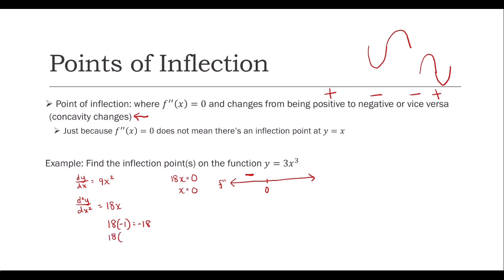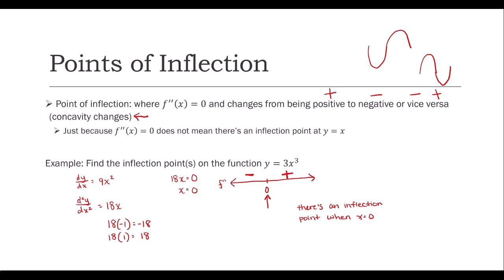And if we plugged in something greater than 0, like 1, we would get a positive number. So our point of inflection is where our second derivative equals 0 and it's switching from negative to positive, or positive to negative. So we know that there's an inflection point when x equals 0.